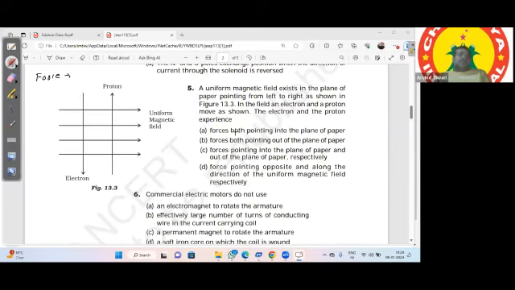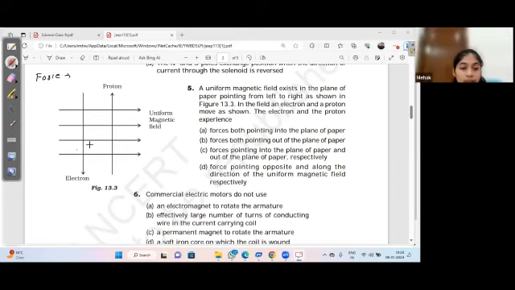Okay. So can you find out the direction of force which will be experienced by the electron? Mehak, in what direction will the electrons experience the force?